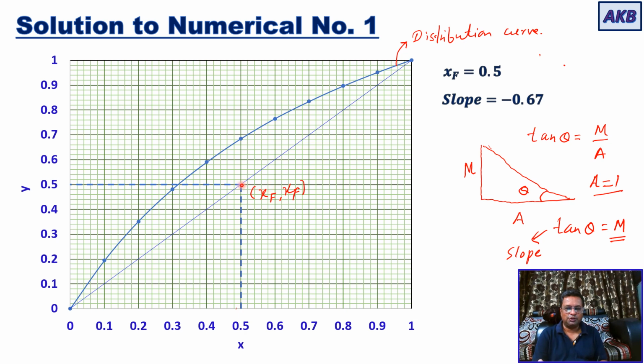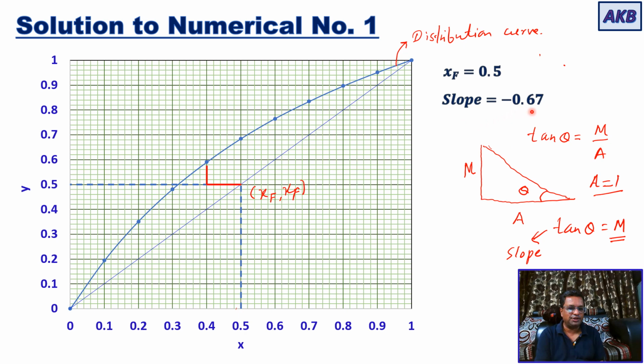But here the slope is negative, so we will be traveling a distance of 1 on the left in the horizontal direction, and then a distance equal to the slope in the vertical direction. So first I'm traveling a distance equal to 1. You can see. Then in the vertical direction from this point I'll be traveling a distance that is equal to the slope.